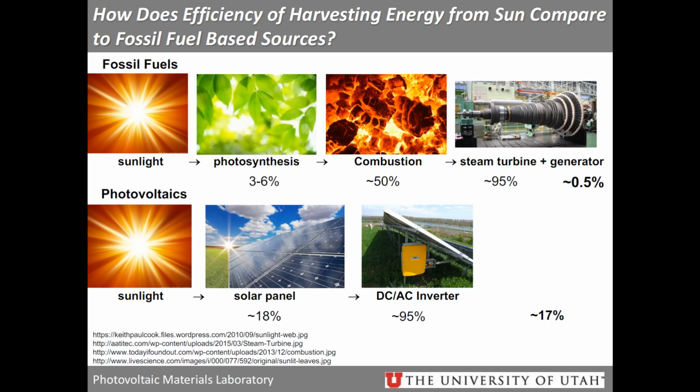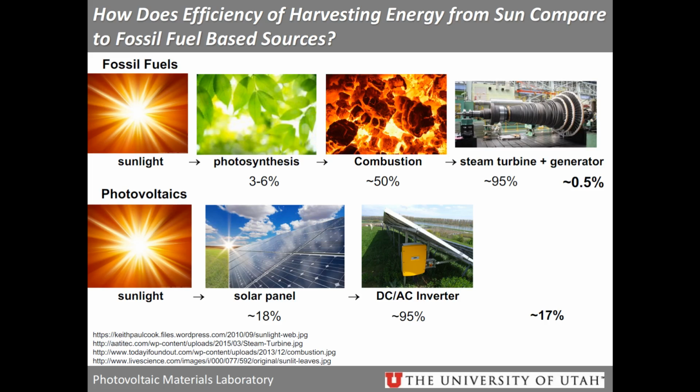Even if I consider that my solar panel is capable of converting roughly 20% of the total sun's energy, I must point out that this is actually a very conservative number, and right now solar cells, at least the ones in research, have been shown to be almost 50% efficient.